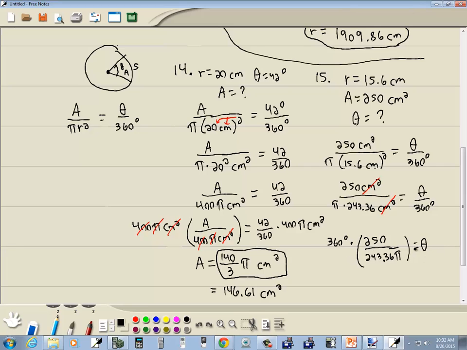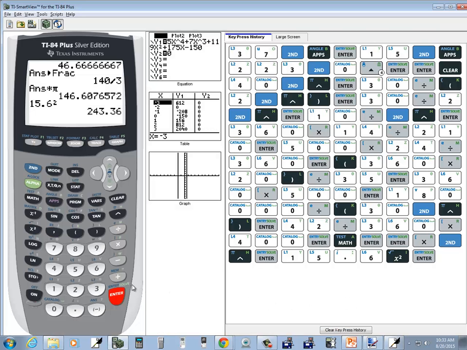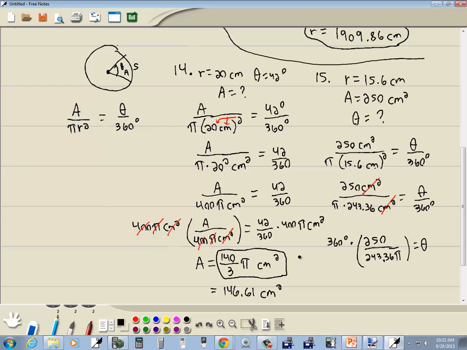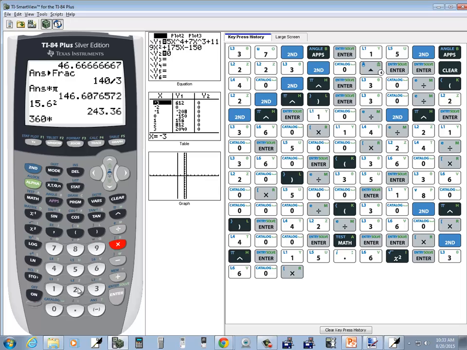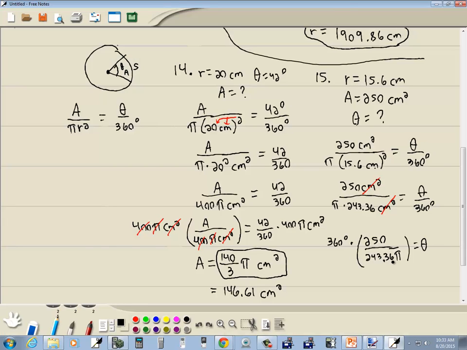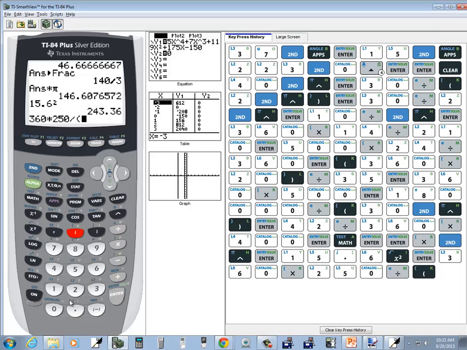Okay, well, maybe kind of tricky to plug into your calculator, but I'm going to do 360 times, and then I've got 250. There's just a single number on top of the fraction, so I don't need to put parentheses around it. Divided by, and then I'll put a beginning parenthesis because we've got a number and a pi down here, so you have to have parentheses around that.